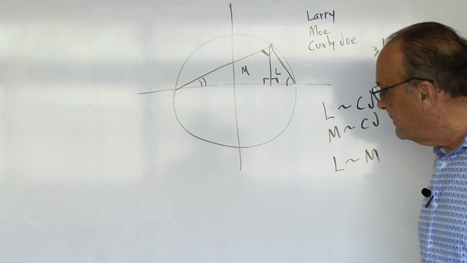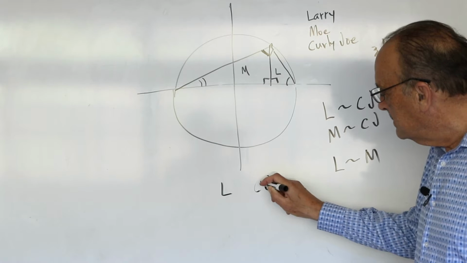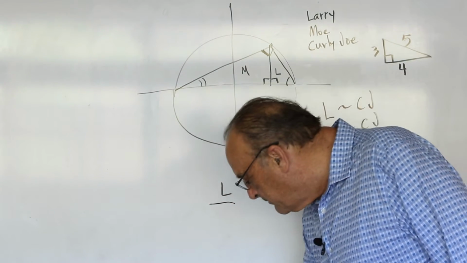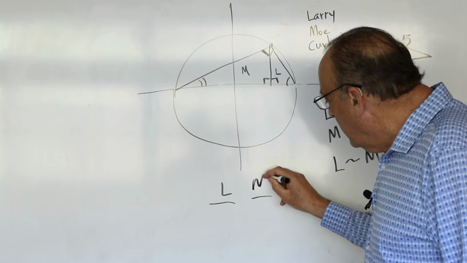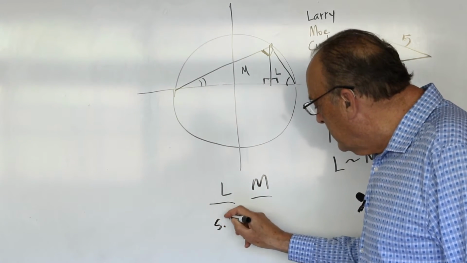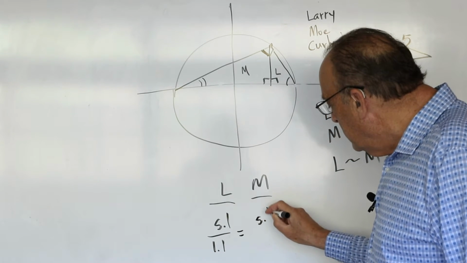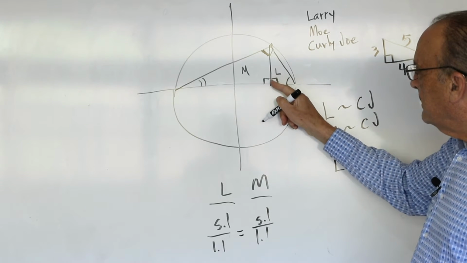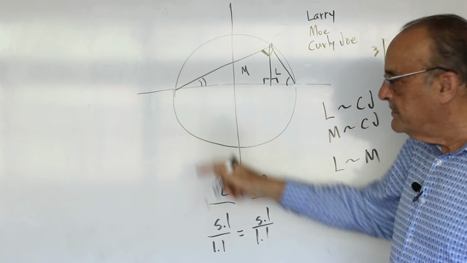So for example, let's just start with Larry and Mo. We're going to look at the short leg to the long leg here being equal to the short leg to the long leg here. So the short leg of Larry is to the long leg of Larry, as the short leg of Mo is to the long leg of Mo.